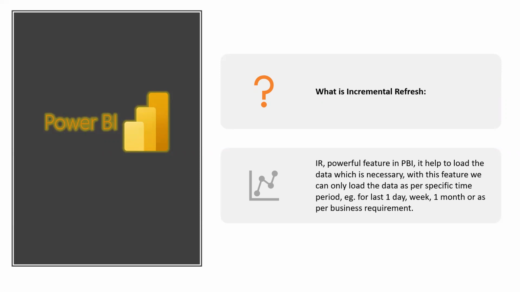It's a feature by which you can control how the data in your report that you have published in Power BI service is getting refreshed. For example, you have 20 years of data in the dashboard that you have published in Power BI service. Now, every time you schedule your refresh, the 20 years of data will come and your whole report will get refreshed.